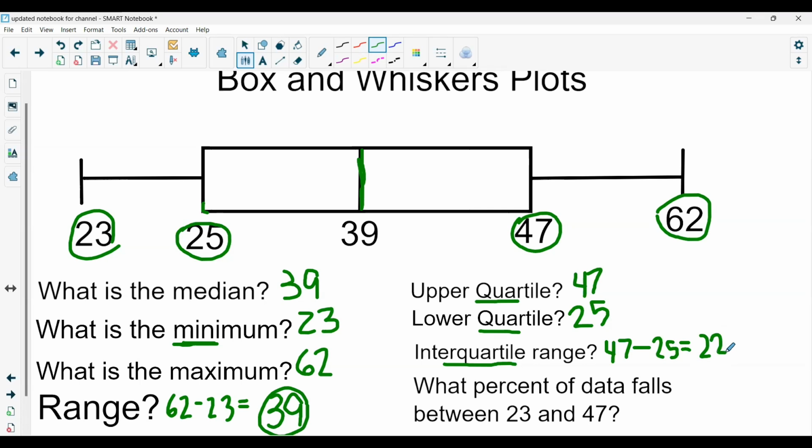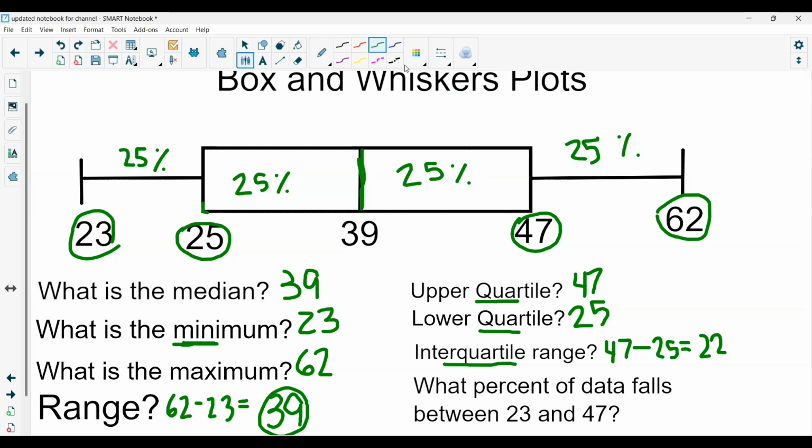Okay. And lastly, it says, what percent of data falls between 23 and 47? So we have 25% on each section, 25%, 25%, 25%, and lastly, one more 25%. And then we're going to see how many sections of data are between 23 and 47.